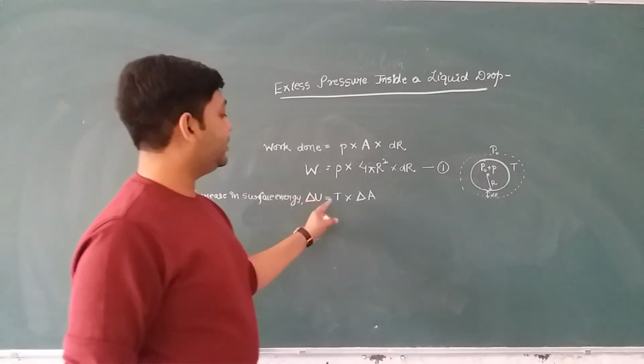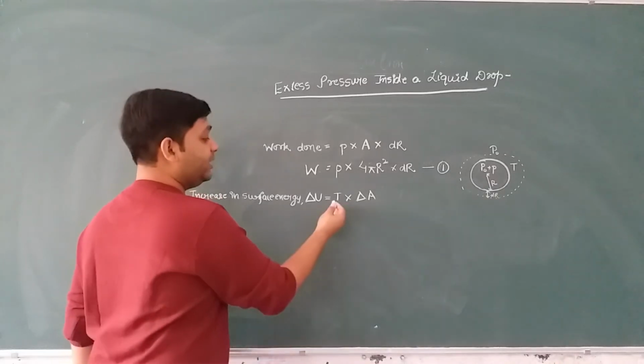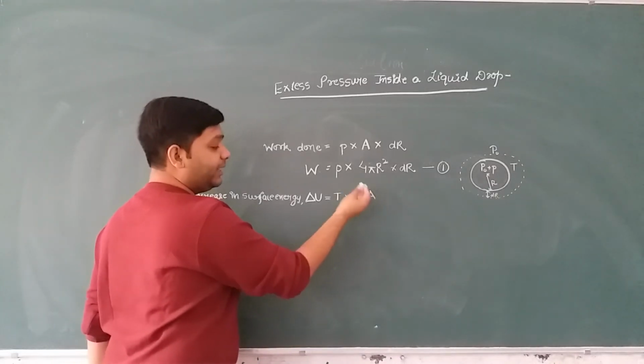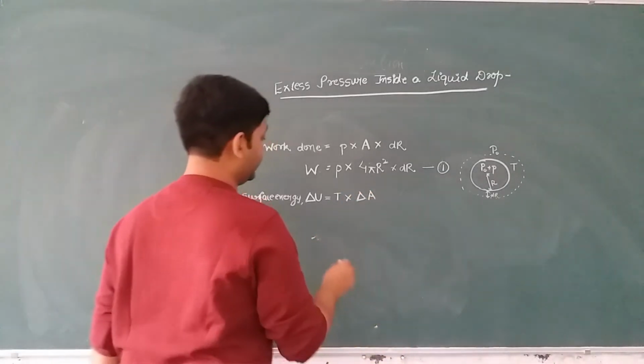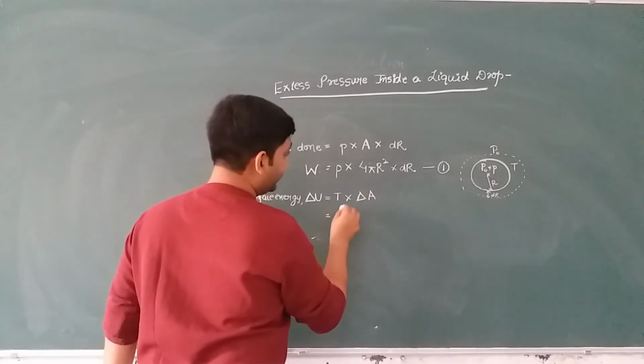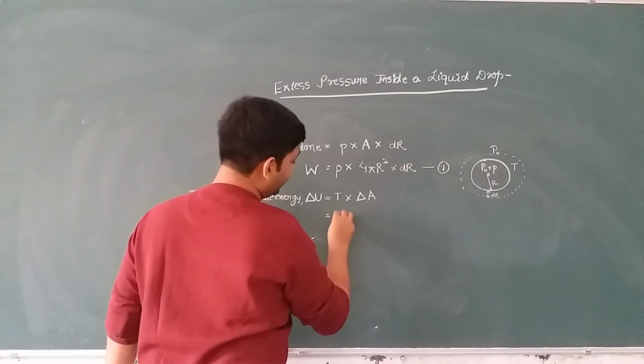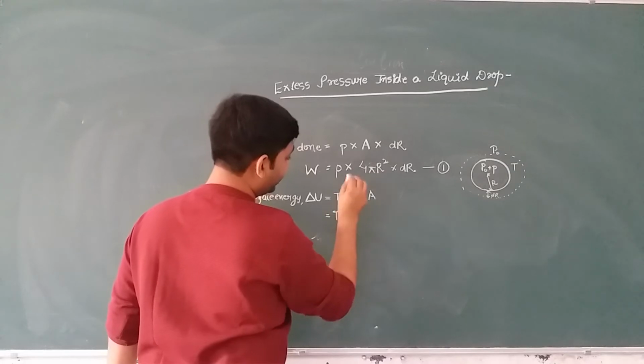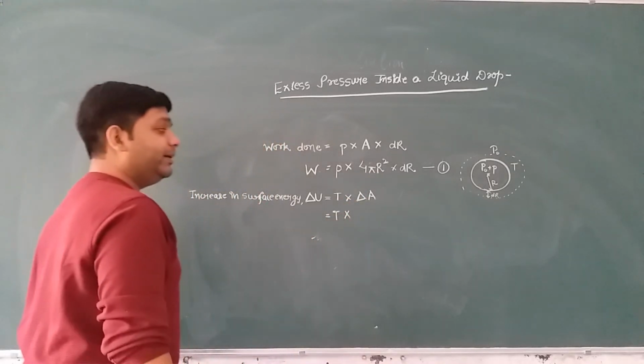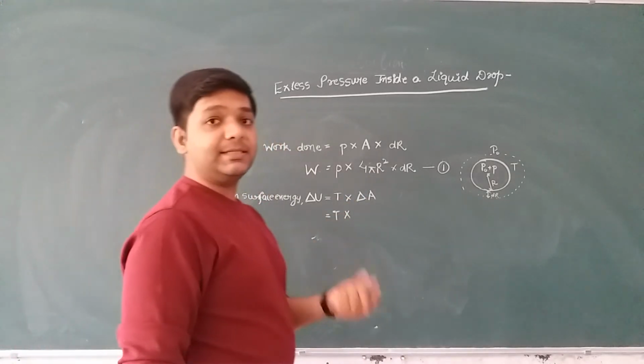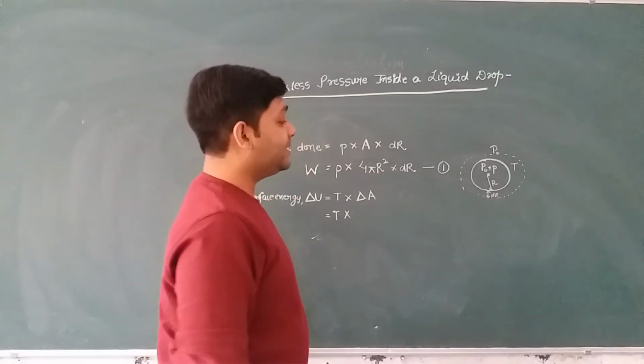Delta U is equal to T into delta A, where T is the surface tension of the liquid and delta A is the increase in surface area. And what is delta A? Delta A is the final surface area minus the initial surface area.